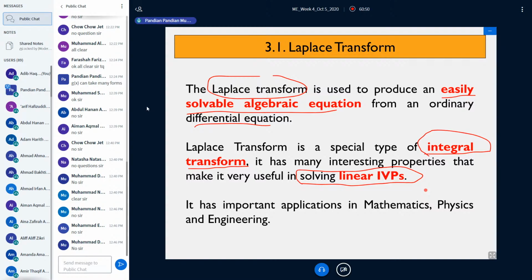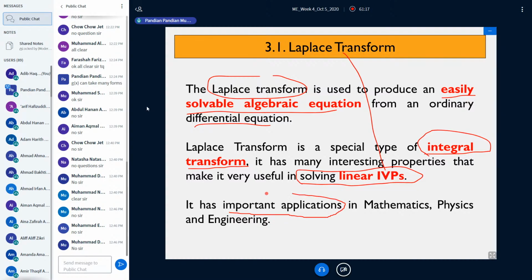Laplace transform is very suitable to solve linear IVPs, because without the initial value conditions, we cannot apply Laplace transform. This is one of the major issues in Laplace transforms.